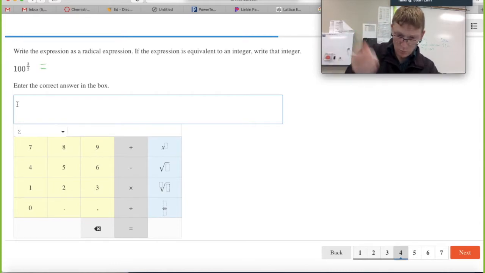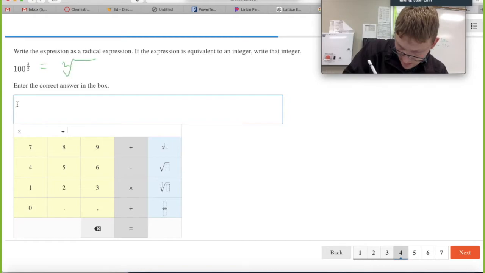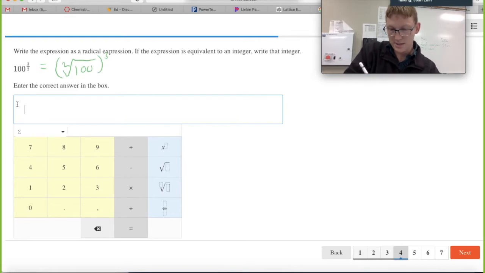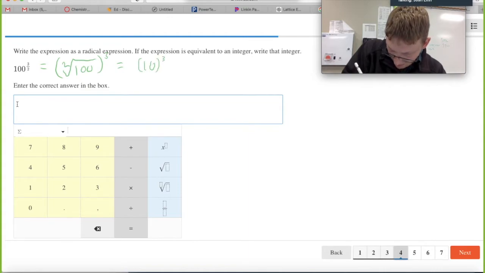So we can rewrite that as the square root of 100, and then we can raise that to the 3rd power. So the square root of 100 is kind of easy to figure out. That is equal to 10. 10 times 10 is 100. So we've got 10 raised to the power of 3, which is equal to, oh my goodness, I don't know.